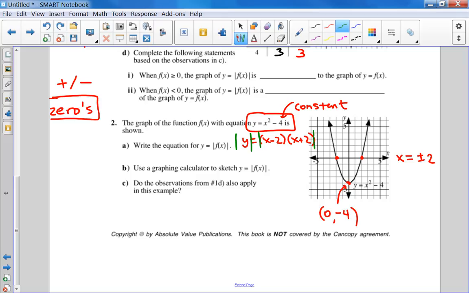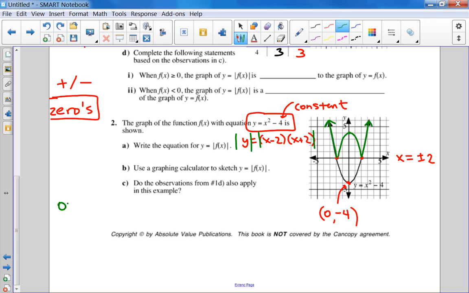Will these positive versions change? But only this negative portion, right? So where will negative 4 end up? Positive 4. And then you just use symmetry, and you have this new graph that's going to be identical where the original was positive, and it's going to be reflected where the original was negative.